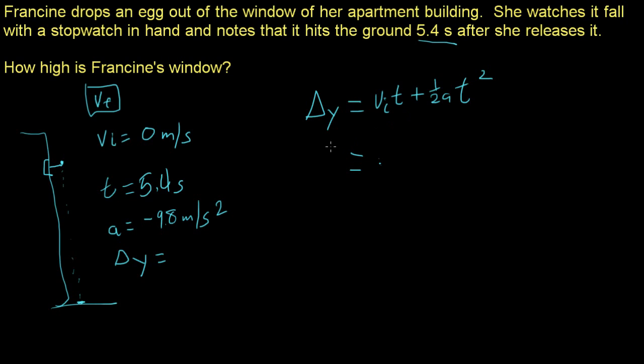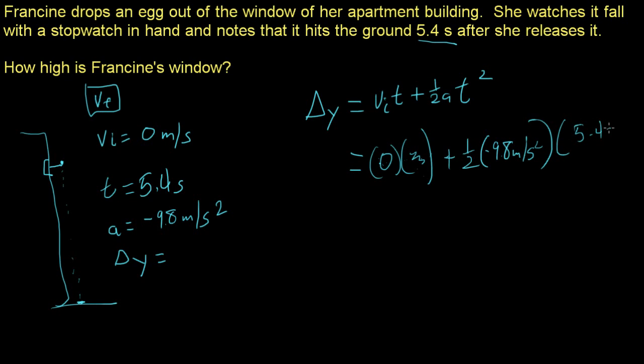Okay, so we got vi, which is 0. It's going to be really easy to work then, because 0 times anything is 0, plus 1/2 times a, which is negative 9.8 meters per second squared, times t, which we have, and it's 5.4 seconds squared. Alright, well, this is easy.